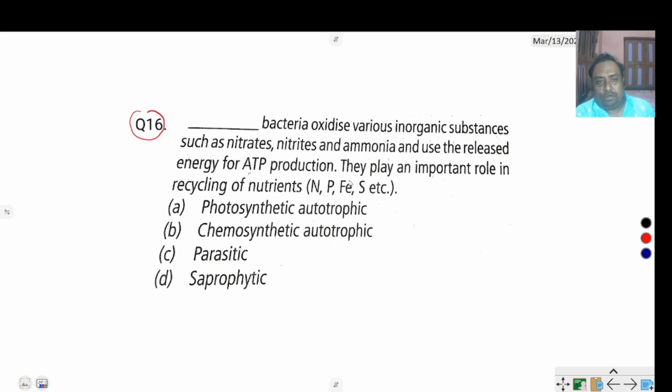They play an important role in recycling of nutrients: nitrogen, phosphorus, iron, sulfur, etc. Options: photosynthetic autotroph, chemosynthetic autotroph, parasitic and saprophytic. All are chemosynthetic autotrophs. These chemical substances are recycled by chemosynthetic autotroph bacteria.